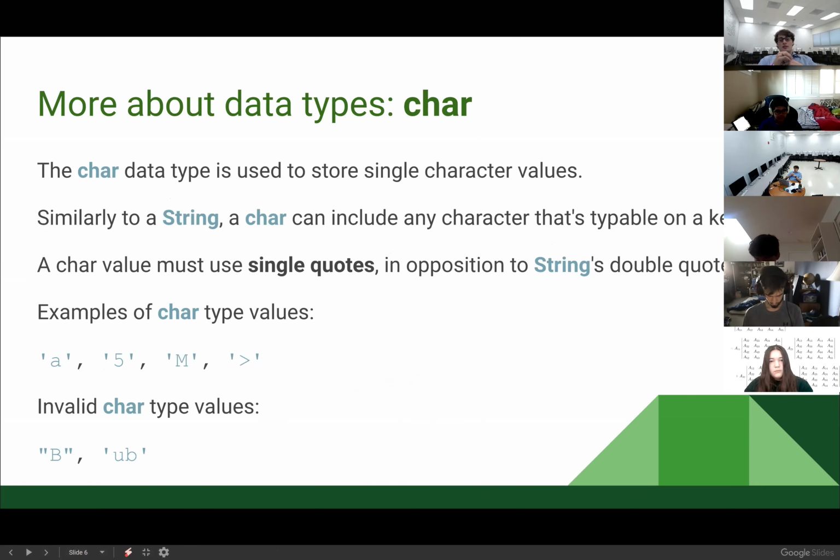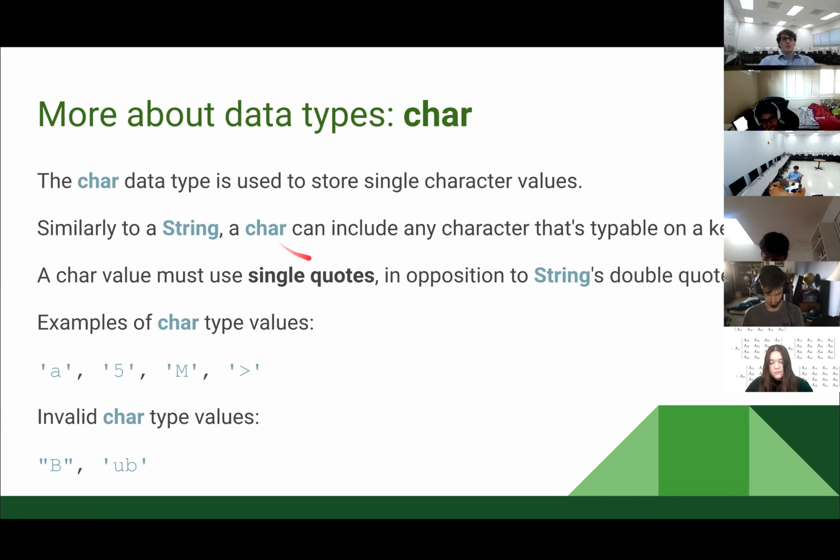About the char data type, or char, however you want to say it. It's short for character. So the char data type is used to store single character values. Similarly to a string, a character variable can include any character that is typable on a keyboard.